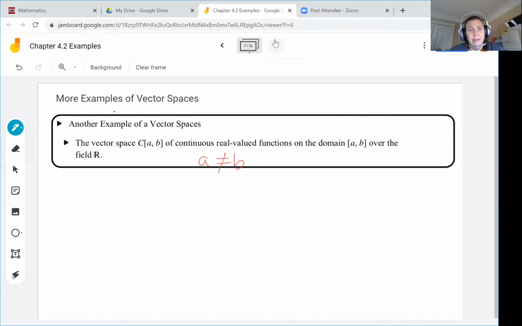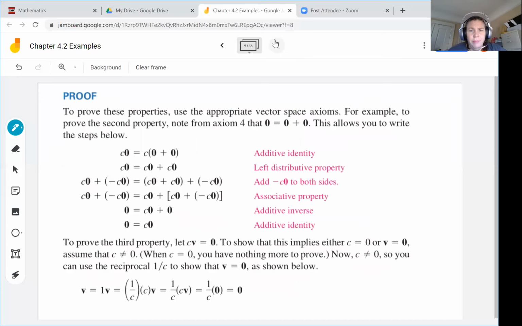So using this axiom, we know that the 0 vector is going to equal 0 plus 0, because the 0 vector itself will have a 0 vector. So you can write the steps below. c, the scalar, times the 0 vector equals c times the sum of the 0 vector plus the 0 vector. And then you can rewrite that with distribution as c times the 0 vector equals c times the 0 vector plus c times the 0 vector.